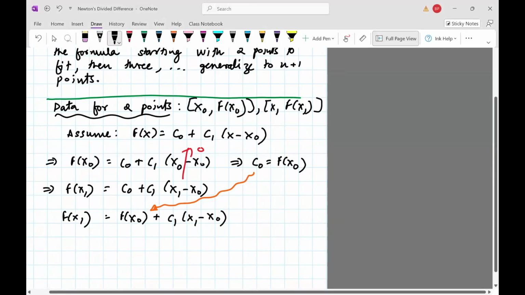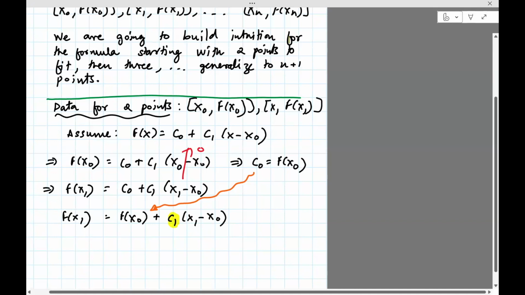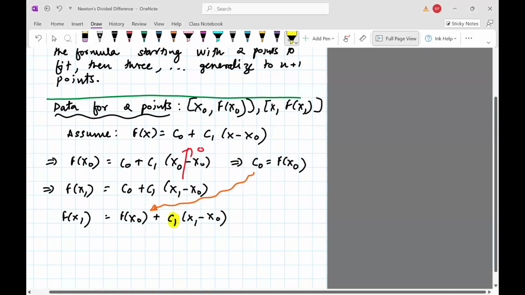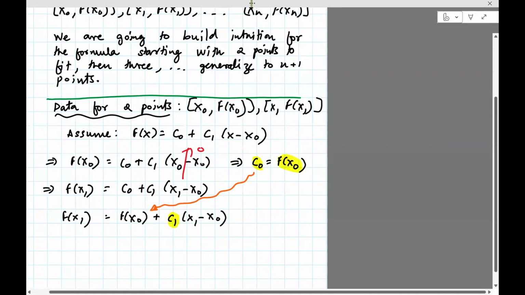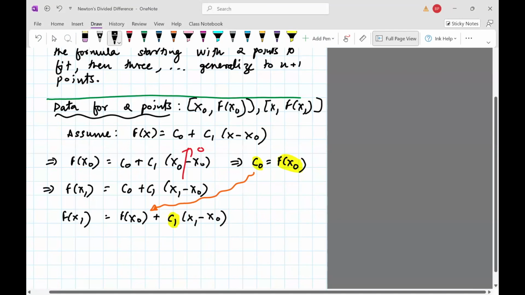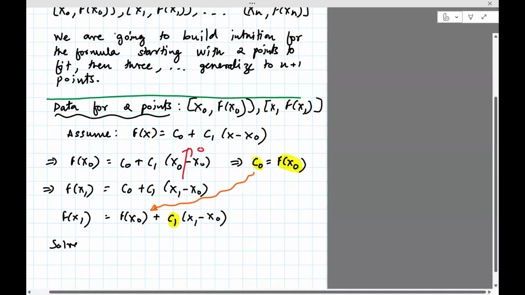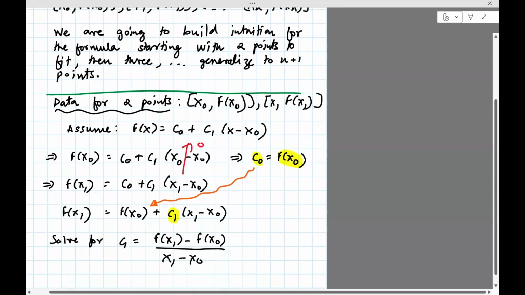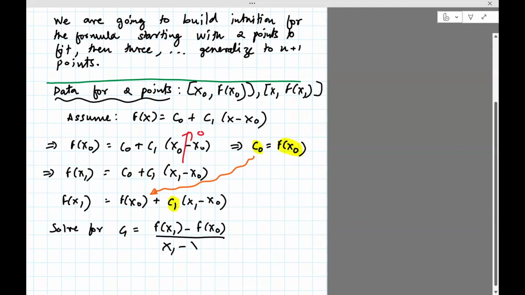Now we are left with a single unknown c1. We'll solve for c1. We already solved for c0. It's just f of x0. So solve for c1. That shouldn't come out as a surprise to you if you remember the slope of 2 points.